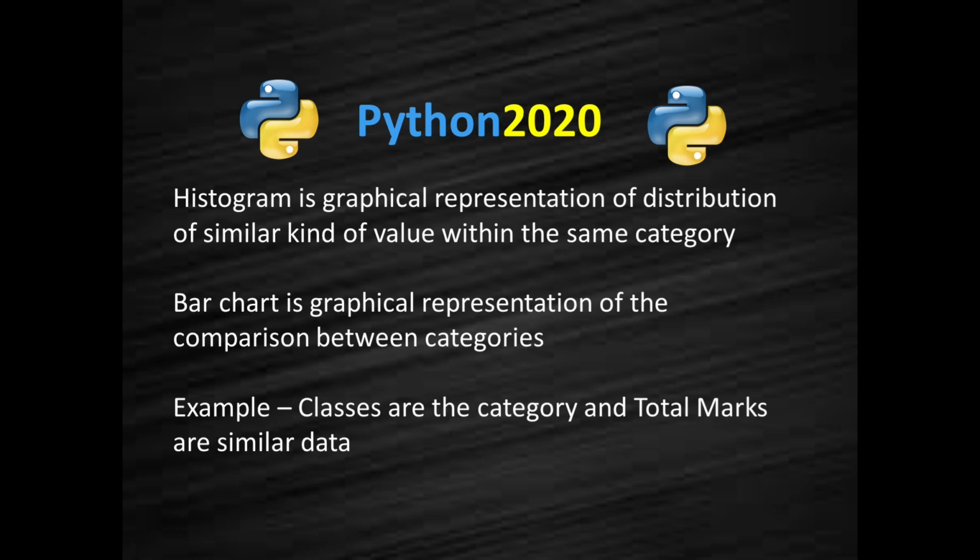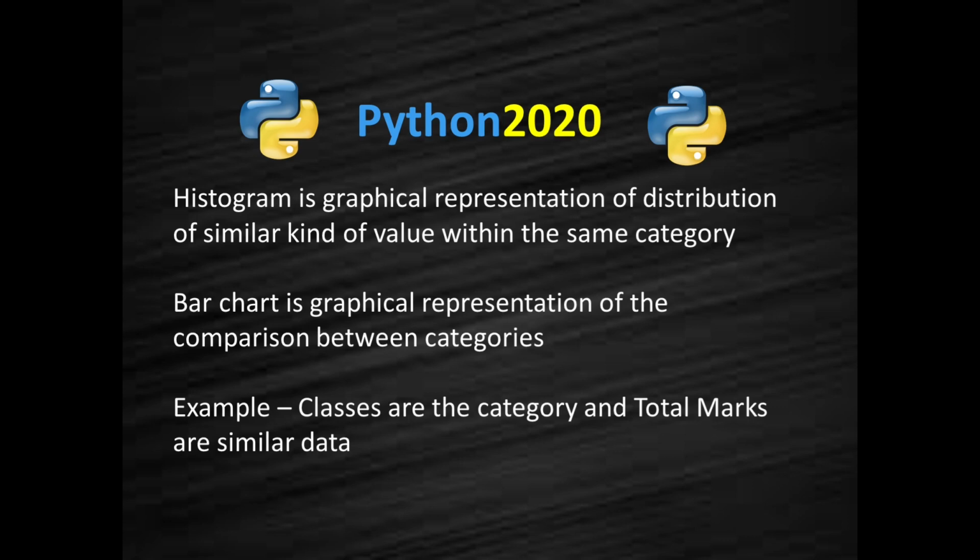So first of all, what is the difference between histogram and bar chart? A histogram is a graphical representation of distribution of similar kind of values within the same category, and a bar chart is a graphical representation of the comparison between different categories. For example, in a college we can have different classes, but in a class we will have multiple repeated total marks.